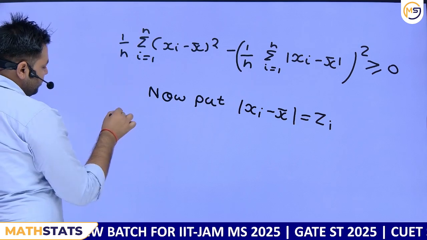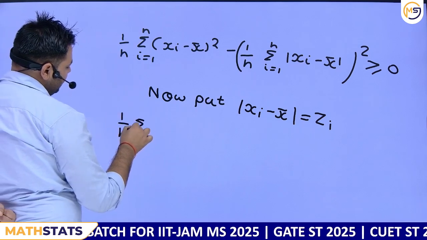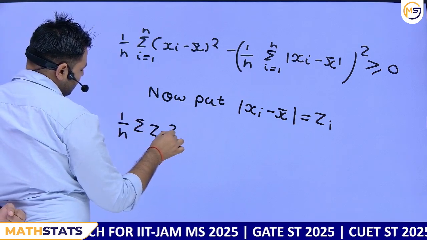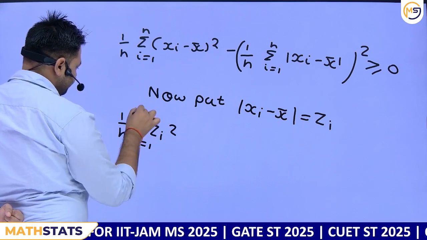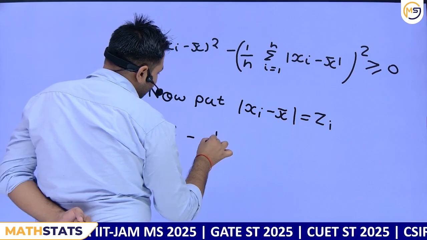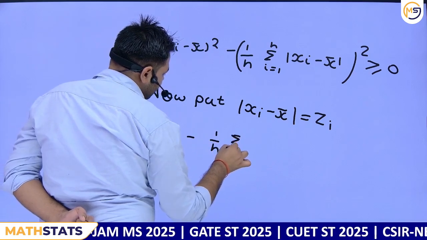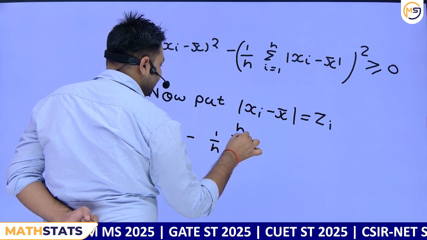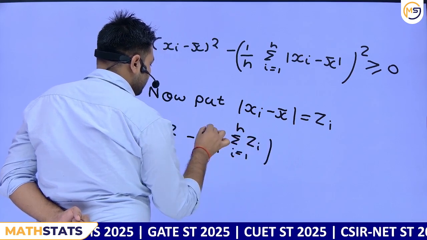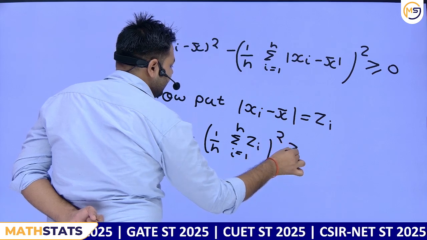So this first quantity equals 1 upon n summation zi square, i equal to 1 to n, and the second quantity is 1 upon n summation i equal to 1 to n zi, whole square, and this is greater or equal to 0.